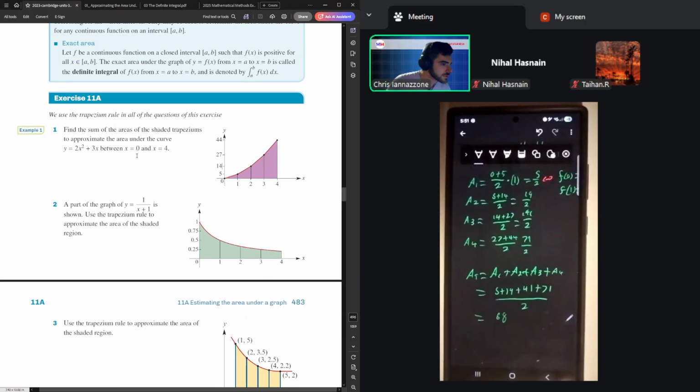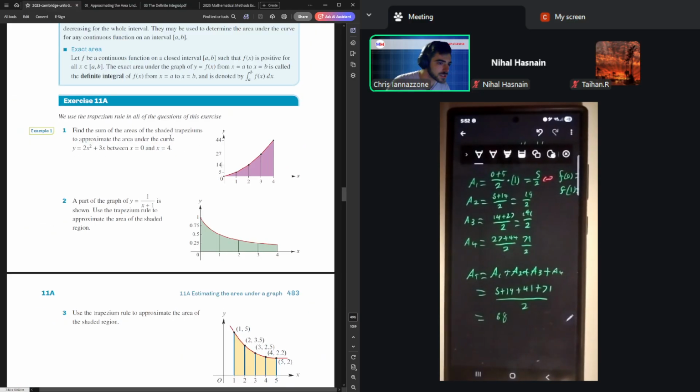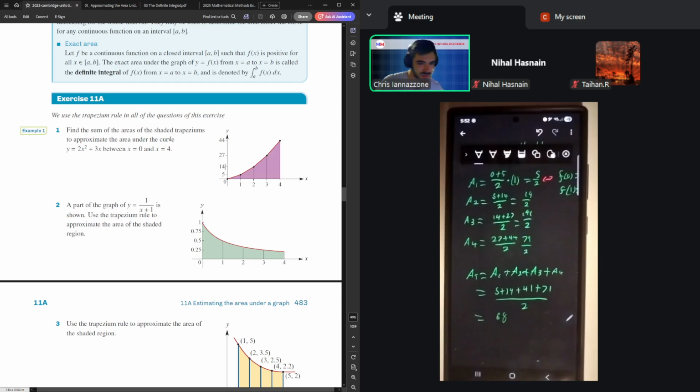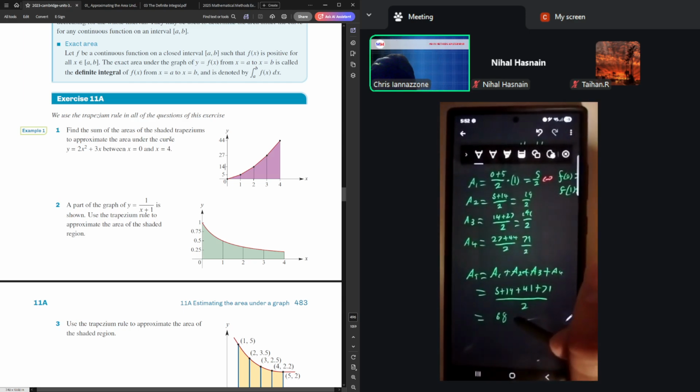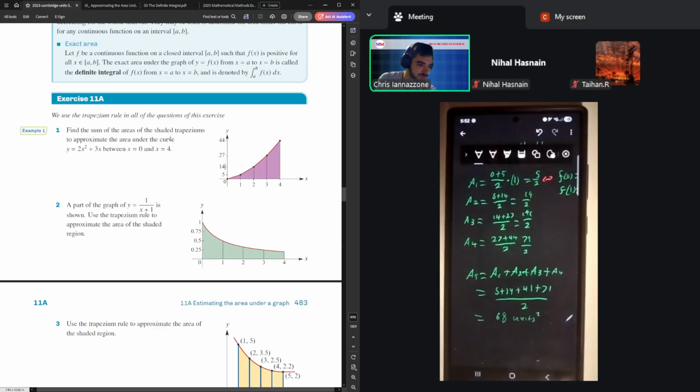Do they give anything for units? No. So we're fine to just leave that as 68. If you want, maybe you can do something like units squared. But every answer in the textbook, pretty sure doesn't. Let me just double check that actually. We've seen it a couple of times where basically it won't. Yeah, it's just the answer, 68, nothing else.